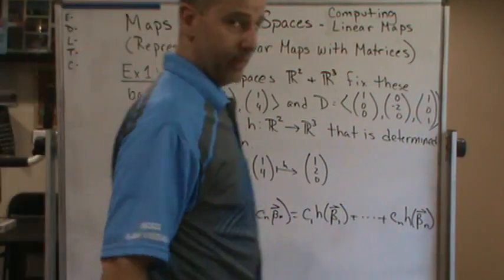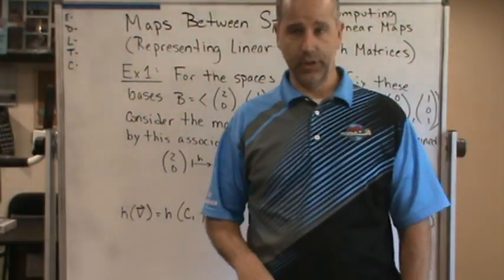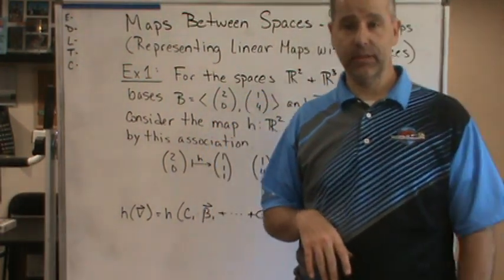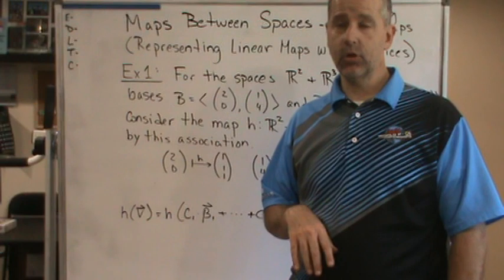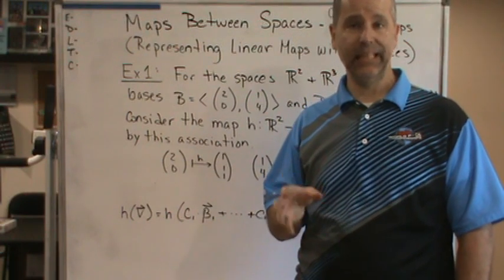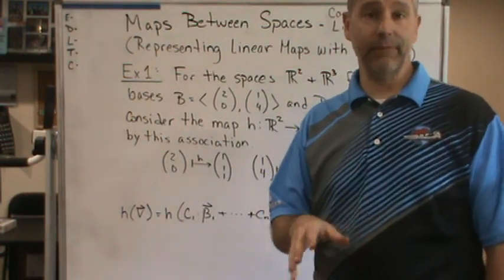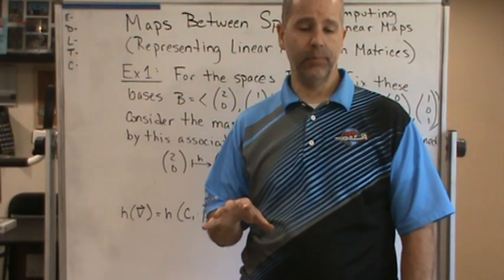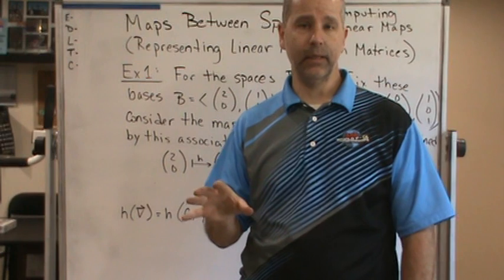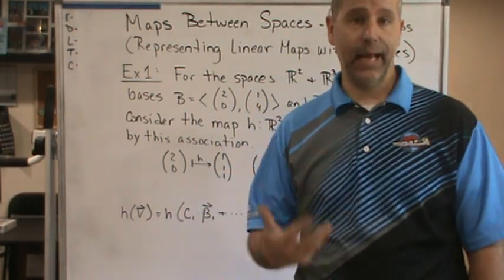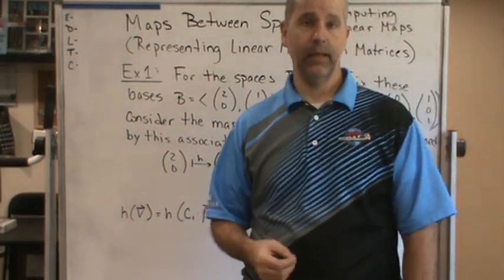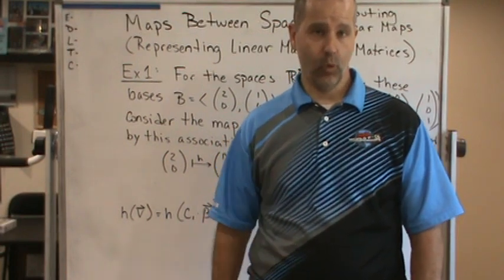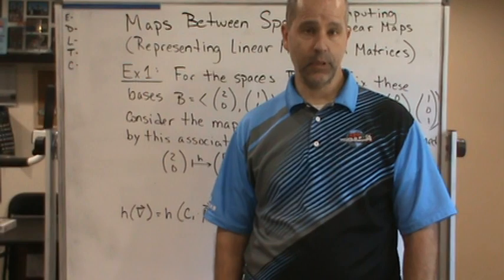Okay, so now in the previous section we showed how, by determining the action on a basis, we could determine the action on any vector, the mapping of any vector in a linear mapping. We look at the action that it has on a basis for that space.